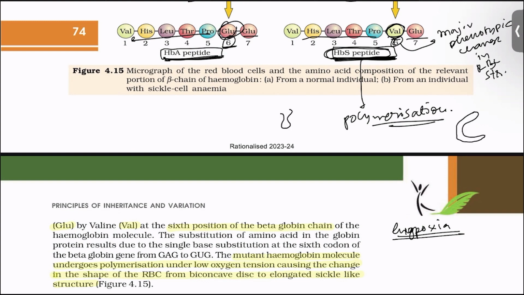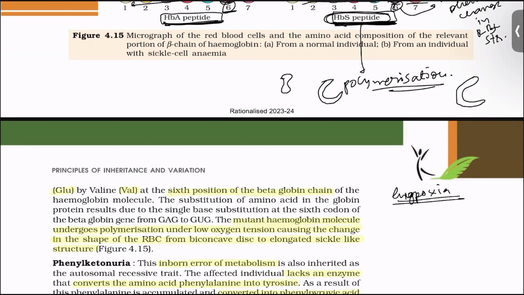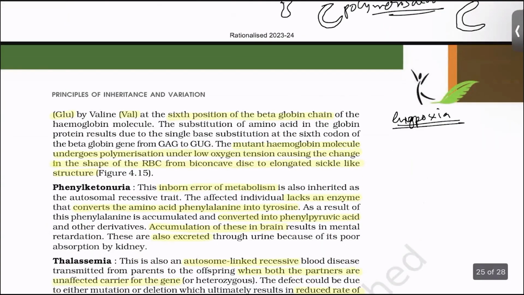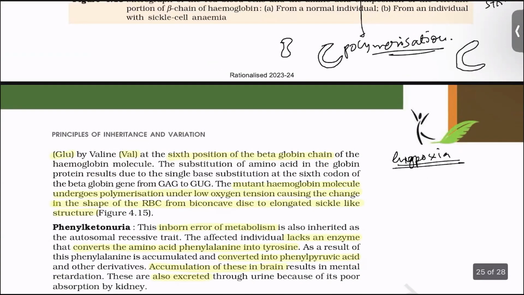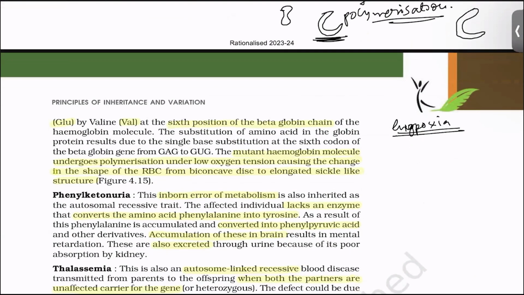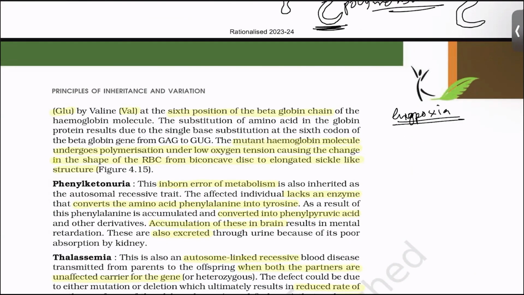Normally the RBC is this, but when there is a hypoxic condition, these peptides undergo polymerization, and the RBC will be like this, and it can create clots in blood vessels. It does not pass through the blood vessels efficiently, and it can clot the blood vessels and can cause several complications.